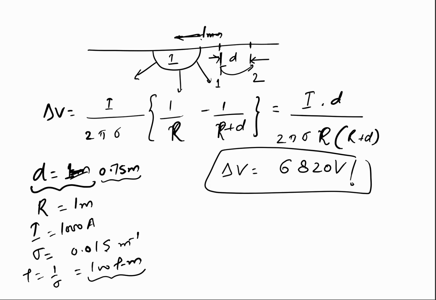So between the legs of this person, a potential difference of around 7000 volt, that is this 6820 volt, is existing. And if this person is not wearing any shoes, and his feet are, let us say, a little moist or wet, then the contact resistance will be very low, and this whole potential difference will appear across his legs, and he will get a huge shock.